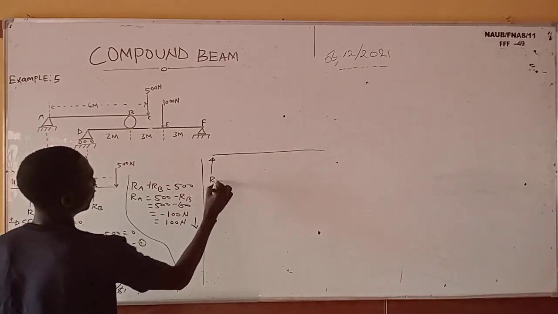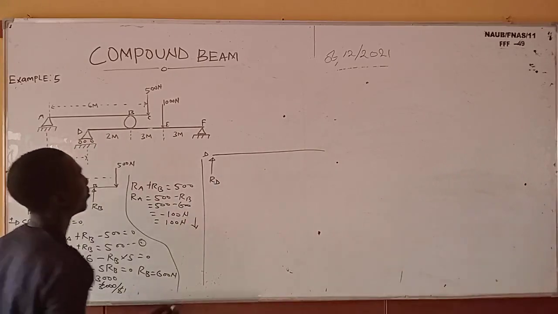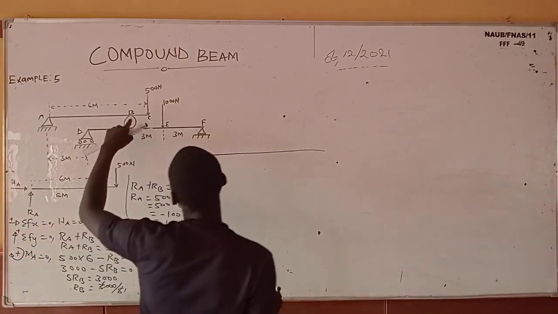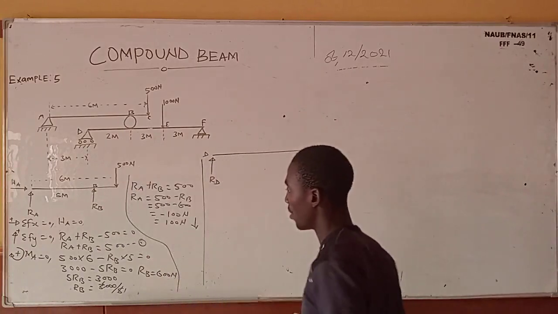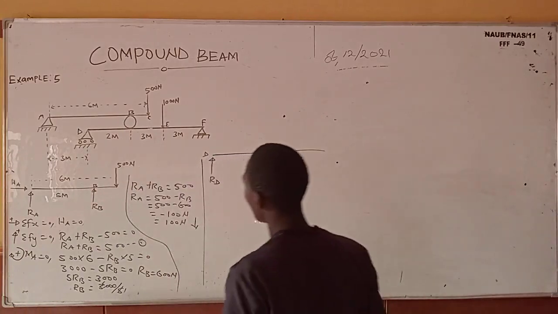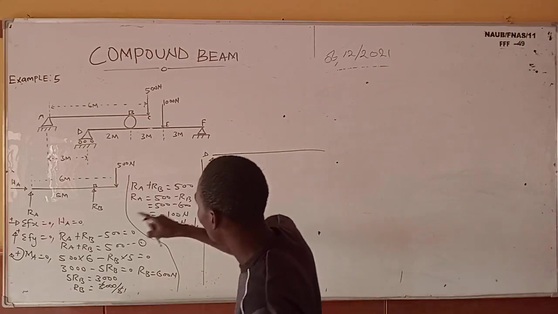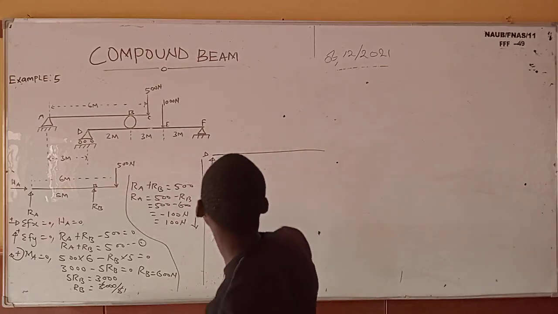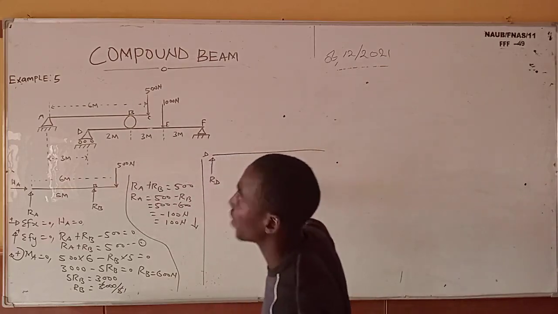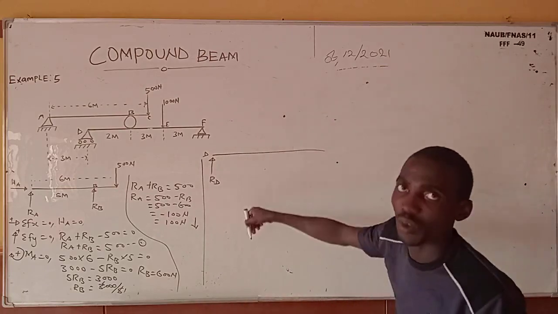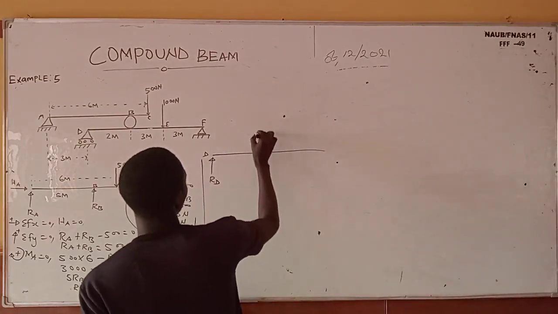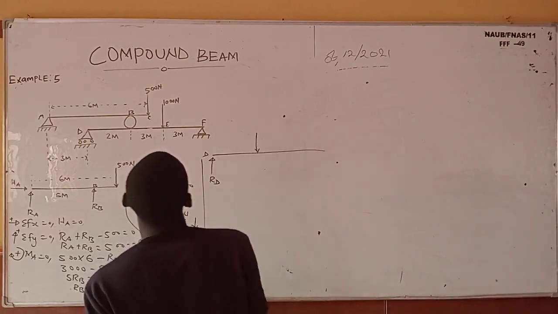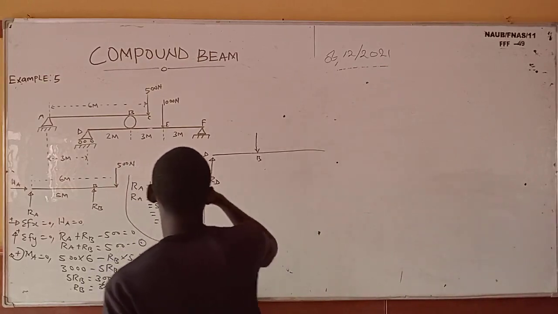I'm going to have arrow D. So don't forget, I've gotten my arrow B, and my arrow B is 600 Newton, and I'm taking it to be an upward force. So if I'm drawing this one now, it's going to be a downward force here. It is B.